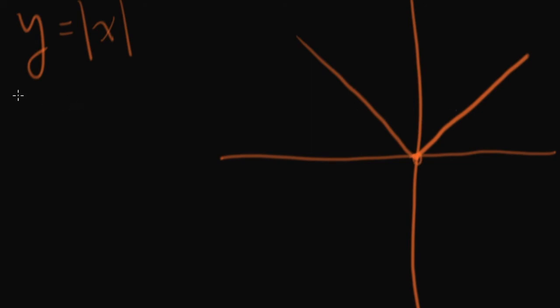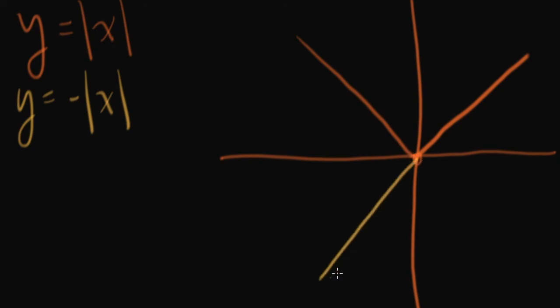Easy. What happens if I make it negative absolute value of x? And actually, you know what? Let's make this color-coded. So what happens if I make it y equals the negative absolute value of x? Then it's going to go down, but still be a regular V. Okay. What happens if I add maybe a number in front of there? Like, let's say a 5 and the absolute value of x, like that.